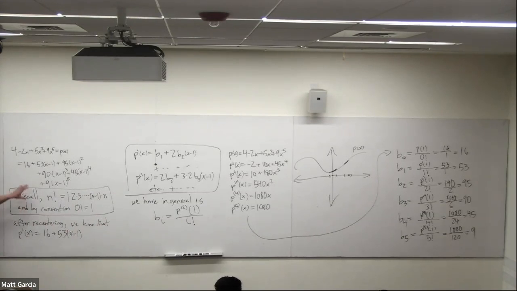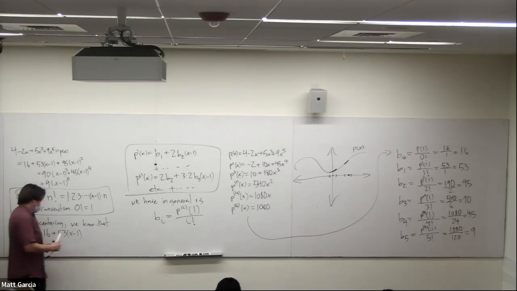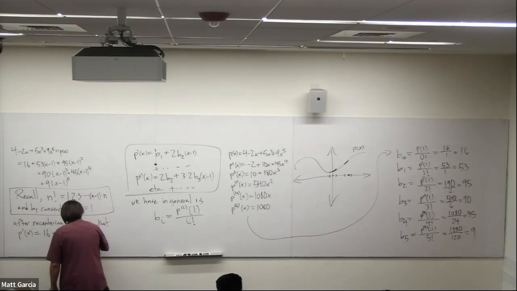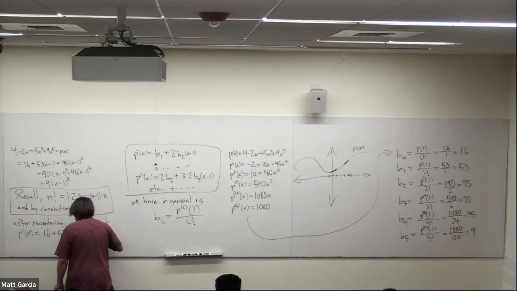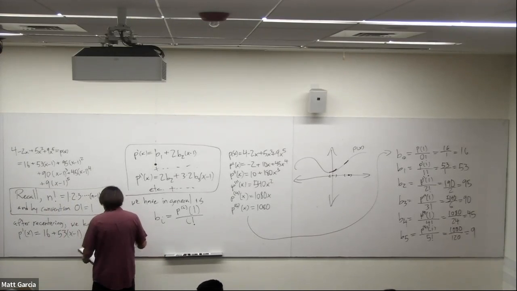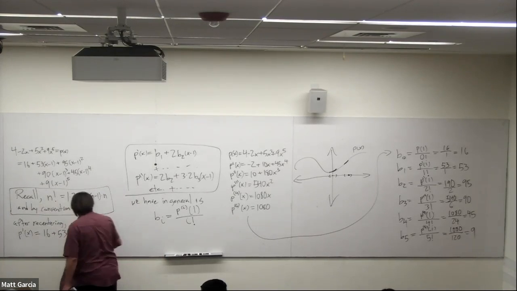So now I'm using this recentered expression to write the first partial sum of P of X. If we would like to take it a step further, we could look at P2.